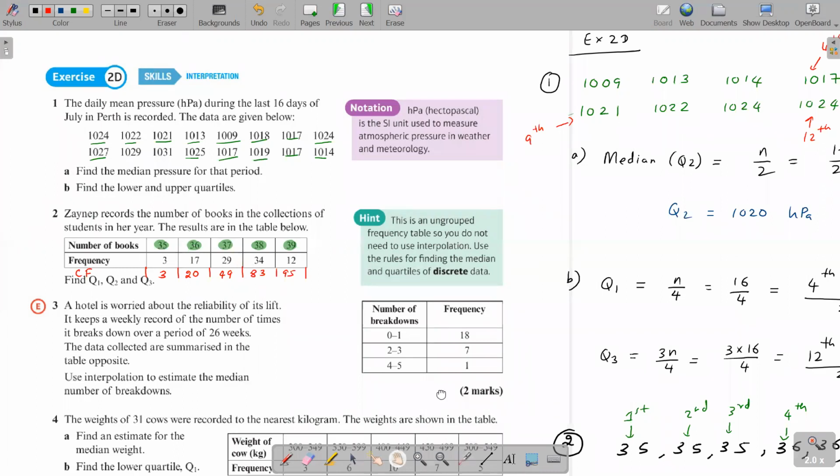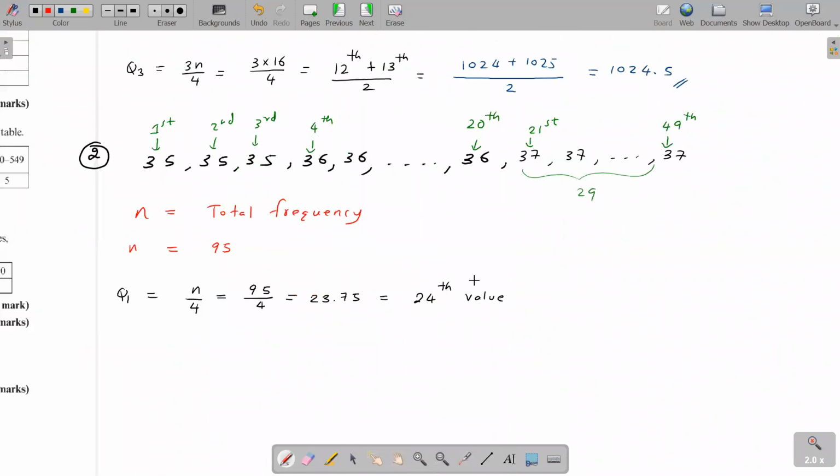So what does that tell us? The 24th value, our lower quartile, is actually 37. Because 36 ends at the 20th term, the 21st term, 22nd term until the 49th term, it's 37. So the 24th term will be 37. I hope you guys are getting what I'm saying.